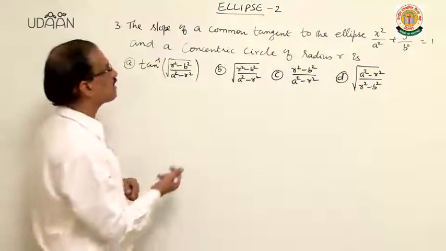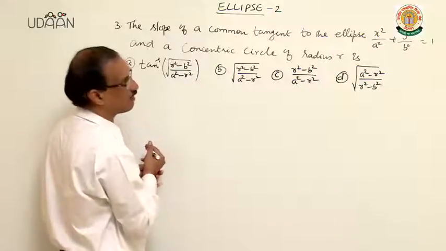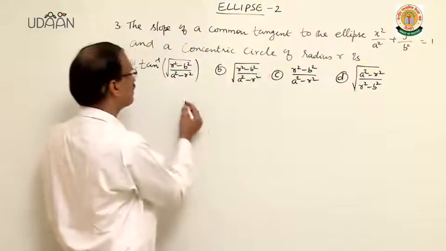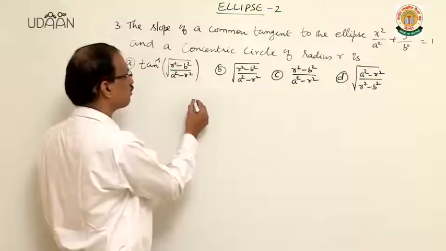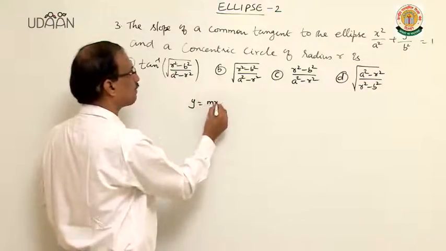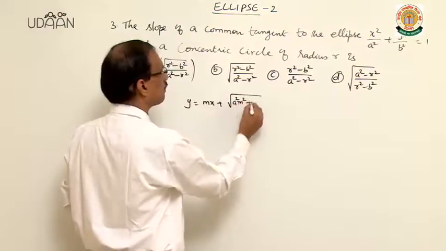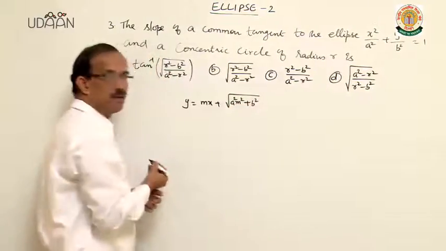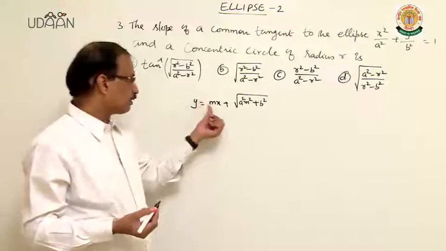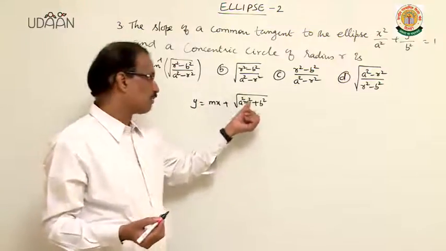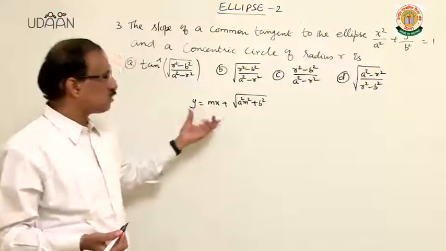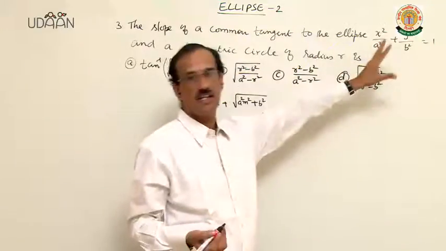So now let us see what is the equation of a tangent to the ellipse. Tangent to the ellipse, you know, is y equal to mx plus root of a square m square plus b square. So y equal to mx plus root of a square m square plus b square is the equation of a tangent to this ellipse.